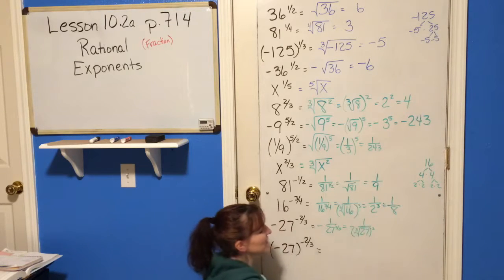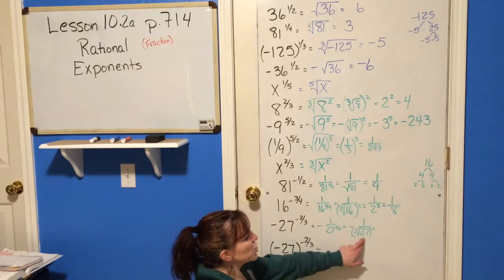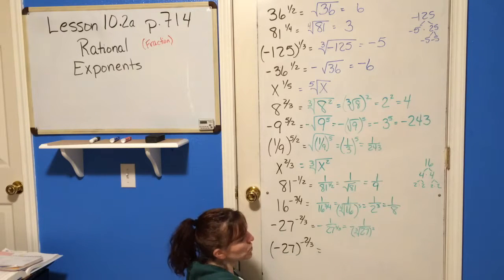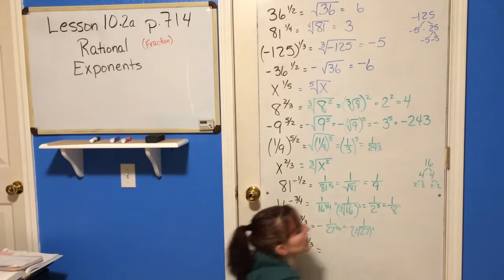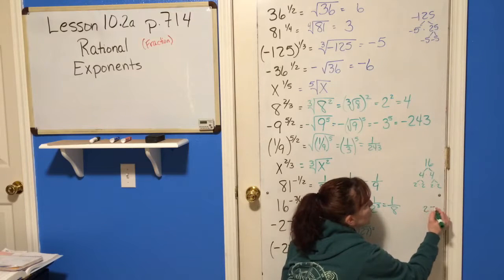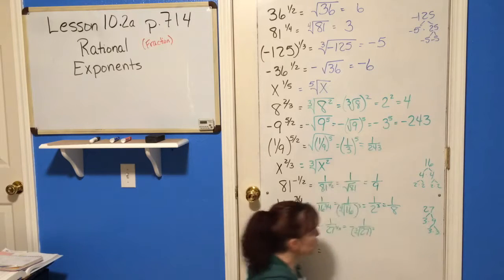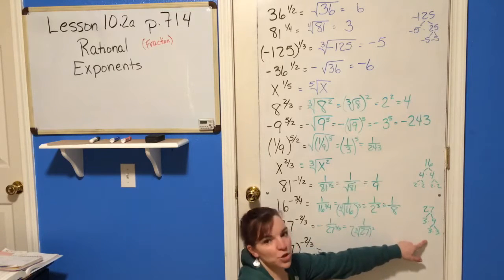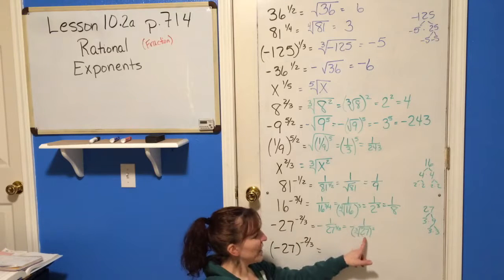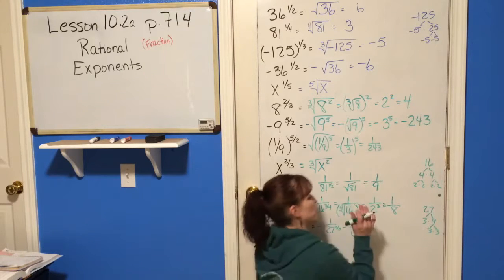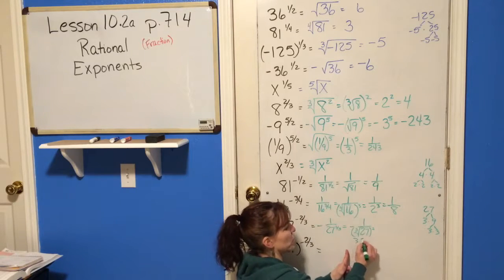And I still like to look to see, does 27 have a cube root? Well, 27 is 3 times 9, and 9 is 3 times 3. So 3 to the 3rd power is 27. So this is 3 times 3 times 3.